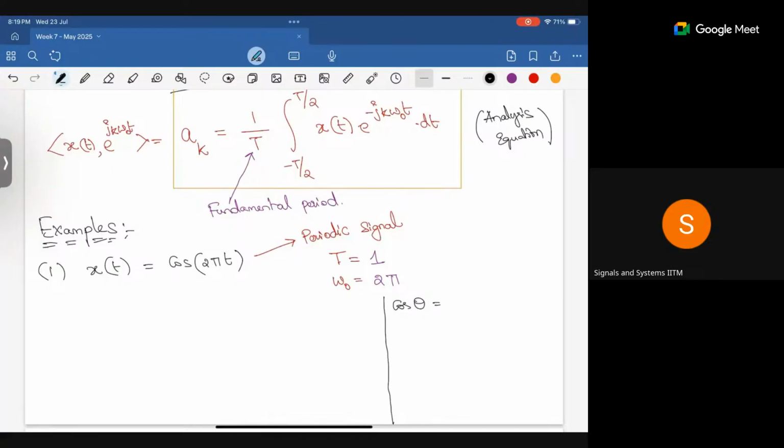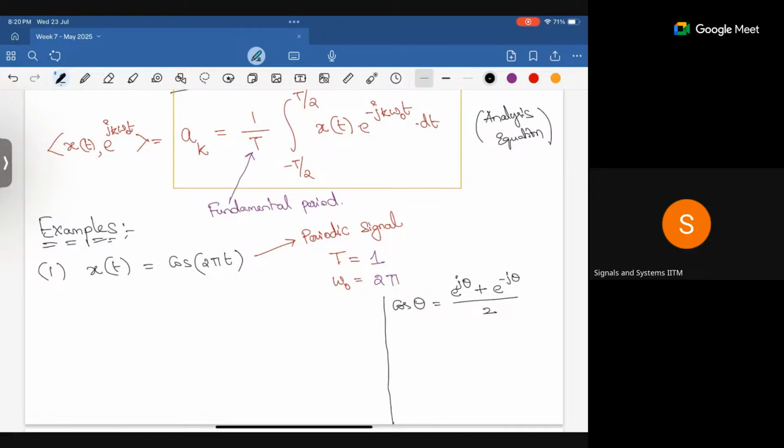Did we encounter these kinds of expressions anytime? Cos theta can be expressed as e power j theta plus e power minus j theta by 2. How many of you know this? Yes, great. Then we'll use the same idea.